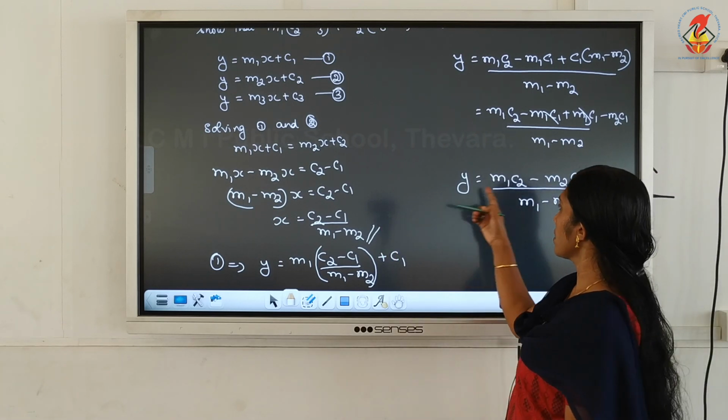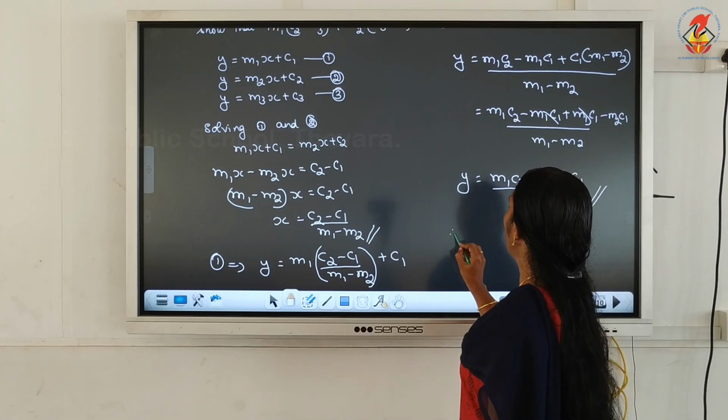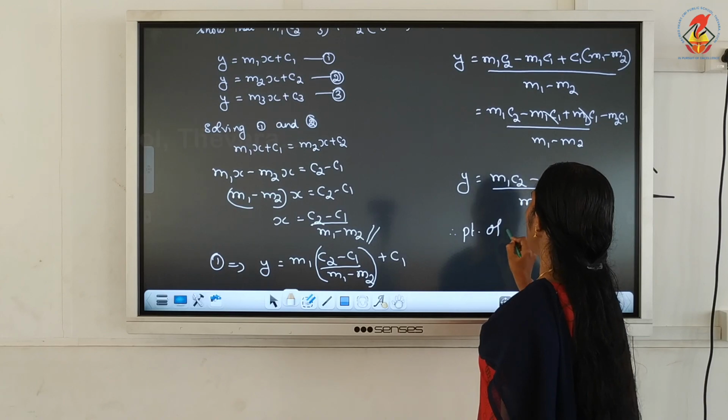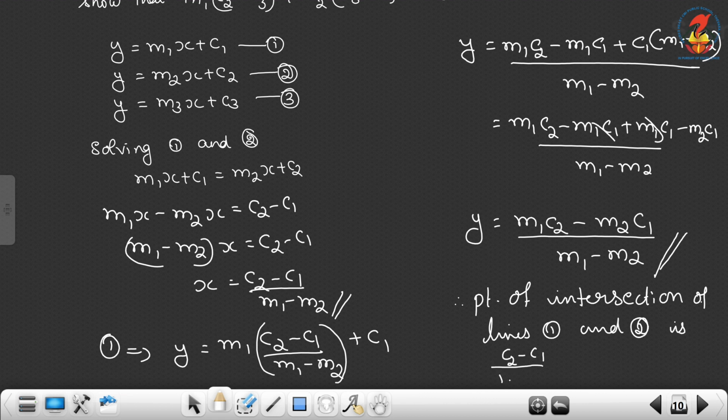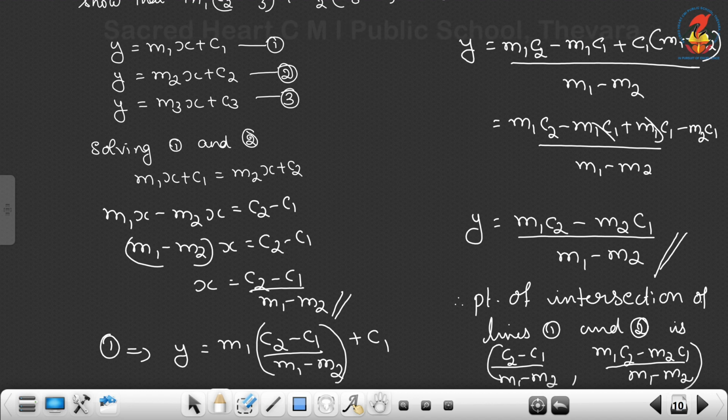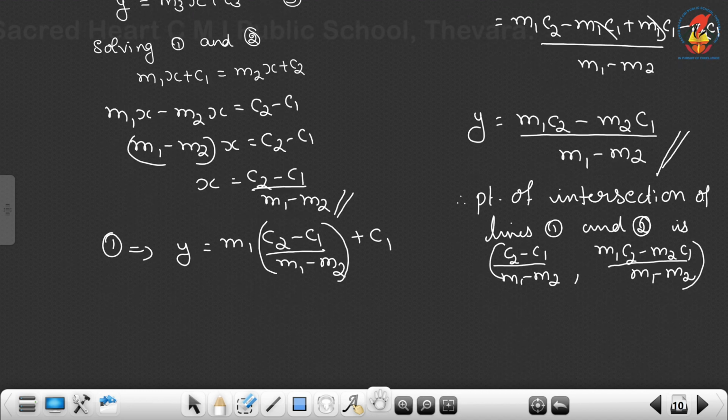So the point of intersection of lines 1 and 2 is c2 minus c1 by m1 minus m2, that is the x coordinate, and the y coordinate is m1 c2 minus m2 c1 by m1 minus m2. Now we have to substitute this point of intersection in the third line.